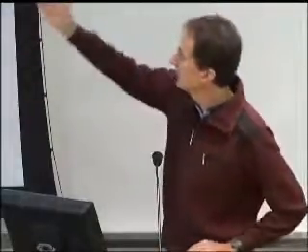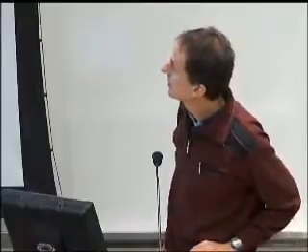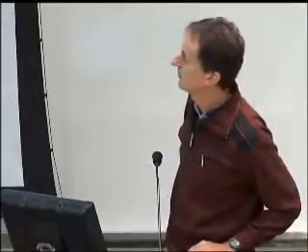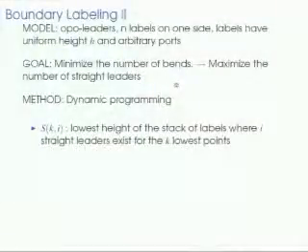Here we want to minimize the number of bends, and that means we maximize the number of straight leaders, because it's either 0 or 2 bends. We consider the model that the labels should have uniform height, let's say h, all the same height. And the method is dynamic programming, which lets you do it efficiently.